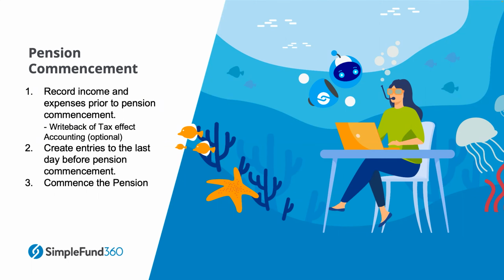For tax effect accounting, I will post something in the chat, so hopefully you see that soon. And that is going to be a link in terms of how to write back tax effect accounting. Okay, so there's your first link about how to write back tax effect accounting.